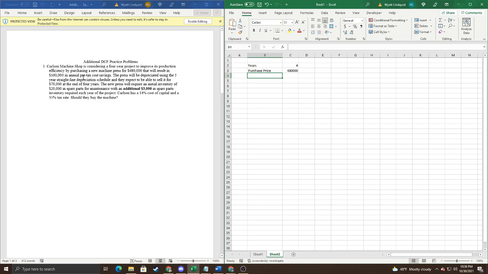And then it's going to result in savings of $160,000 per year. And then the press will be depreciated using 5-year straight line method. So it's going to be 5 years.